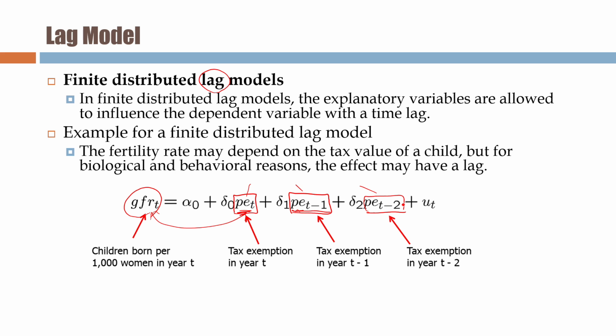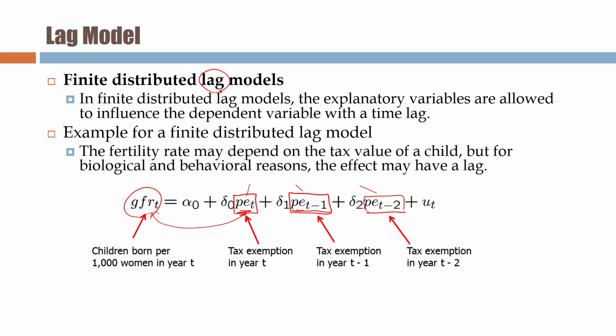So when we do the regression, I want to know how much is the effect. Actually, is this helpful to boost up the children born rate or not? That's what we are trying to find out. That's why we do the regression. So obviously we are interested in what if something that happened 1 year before affected the present. We don't know yet, so that's why we are trying to run the regression here.